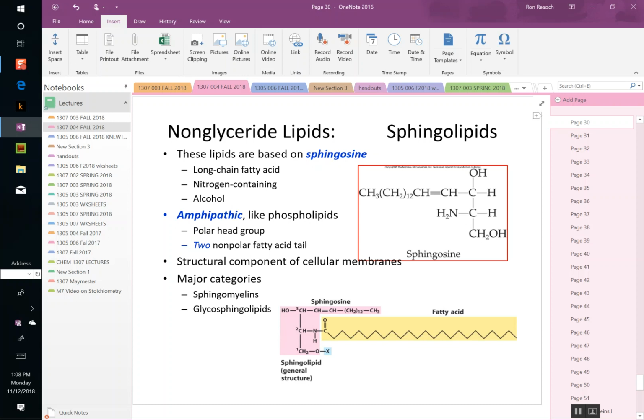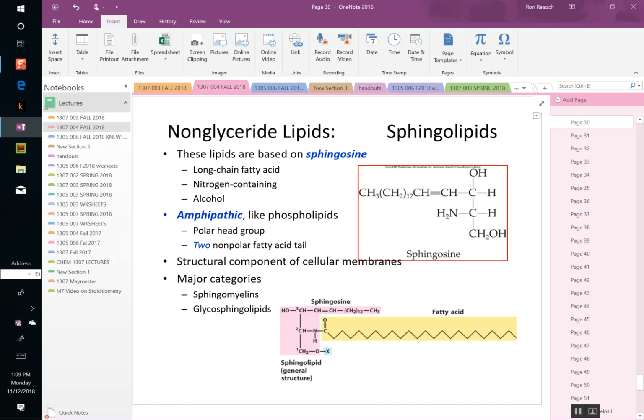There is an amine on this one. This is sphingosine. There are 1, 2, 3, plus 12, 15 carbons here. So this is a long nonpolar tail. This is the backbone. Now, this purple section here is basically this sphingosine.